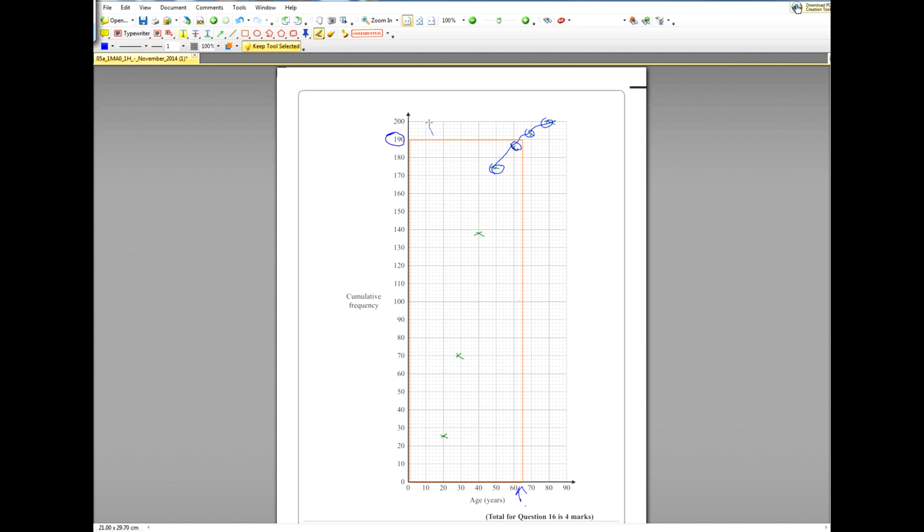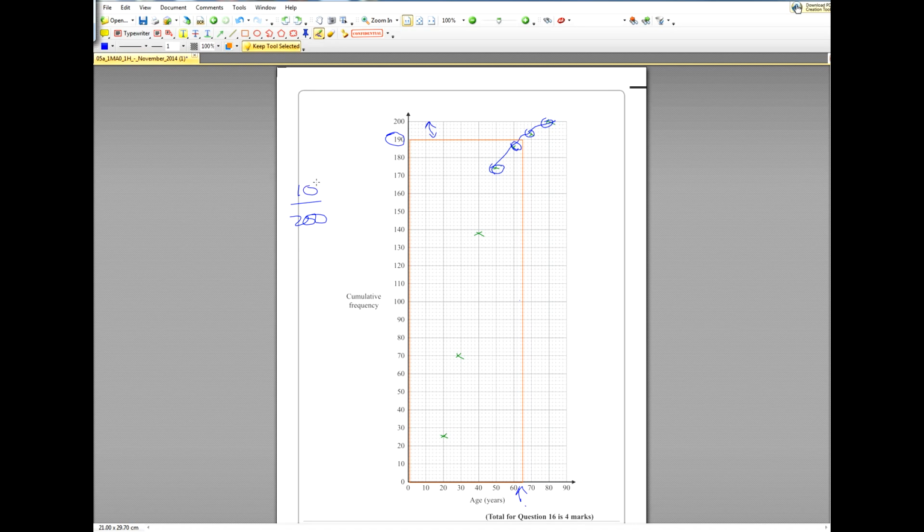How many people are here from 190 to 200? 10. So 10 out of 200 people are the ones which are over 65 years old, yes? That's how you do it on your graph. I'm sorry about the rough nature of my graph, but you get that kind of curve there, and it approximately comes to 190. So 10 out of 200.